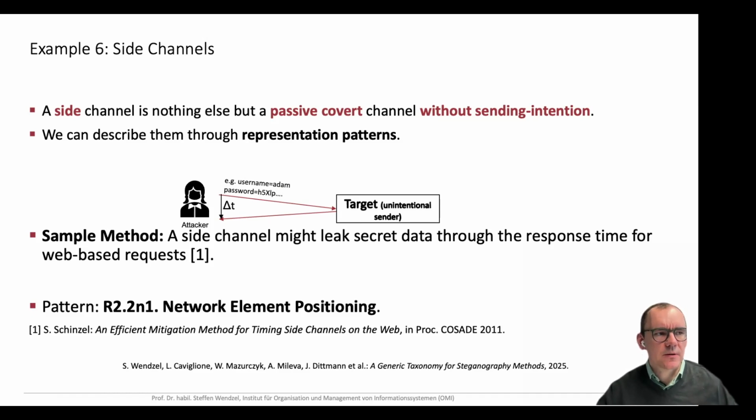That consumes extra time, and that would be a side channel that can be measured. So the delta T, the time between sending the request and getting the response, could be measured by the attacker. And that would be network element positioning because the response element, the response packet, is positioned in time by the side channel. So yes, this taxonomy would also work for side channels, most likely also for hardware side channels.